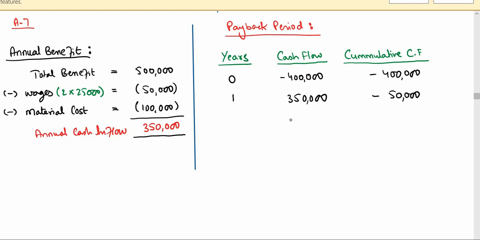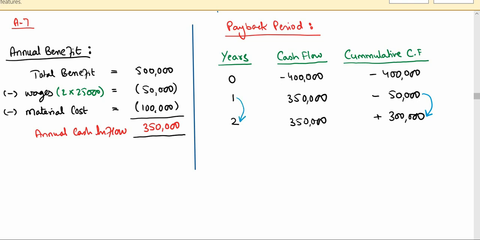So the next year, year 2, we earn 350,000: minus 50 plus 350 gives positive 300,000. Now we are going to positive values, so the negative values convert into positive values from year 1 to year 2.